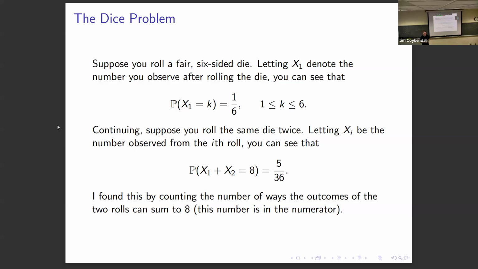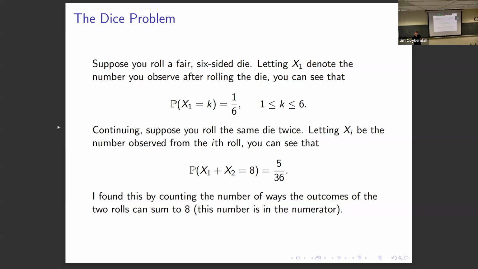Well, what if I take 2 fair six-sided dice? In that case, you can pretty reasonably argue that every outcome should be equally likely to occur. If I roll those 2 dice, assume die 1 is colored blue and the other one's colored green, die 1 could be 1, die 2 could be 6, all sorts of different possibilities. You can set up the set of all possible outcomes as ordered pairs, and there's 36 of them. They're all equally likely to occur. It's pretty reasonable to assume.